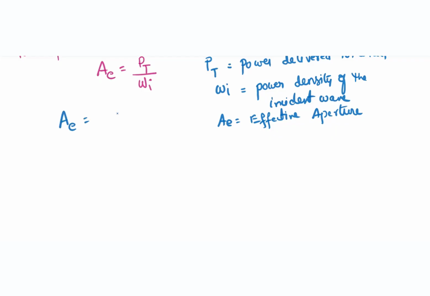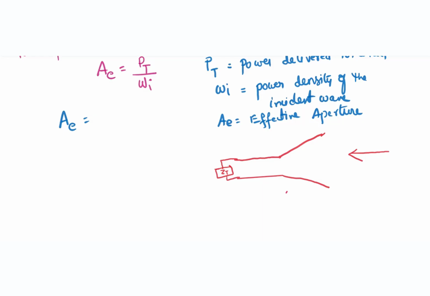Yes, PT. What is PT? Power delivered to the load. Okay, fully observe this diagram. This is the antenna. Here we have a load, let it be ZT, and the wave is incident like this.